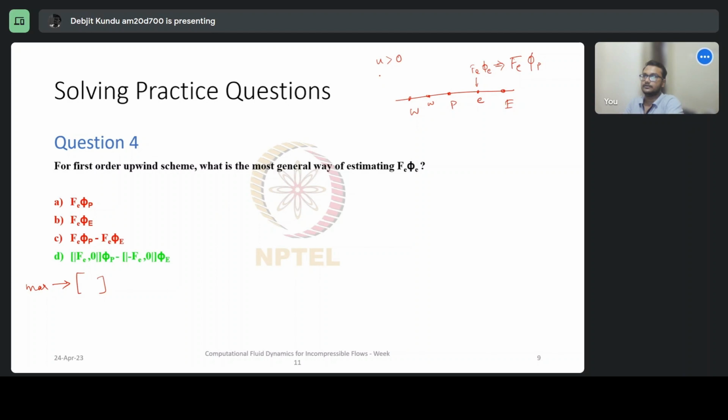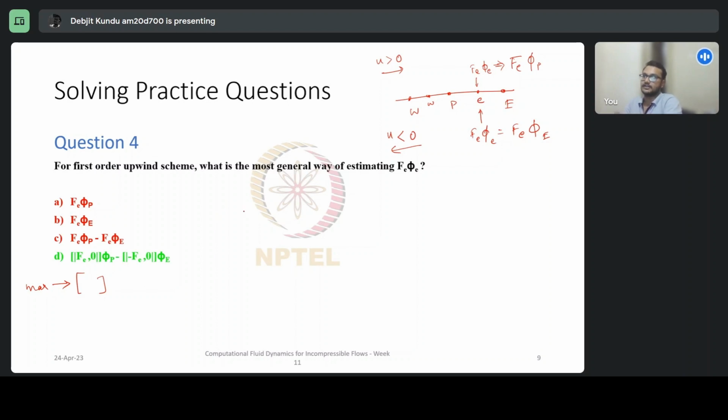And when u is less than 0, that is when flow is from the right side to the left side, then this same term Fe phi E, we estimate it as Fe phi E, right?